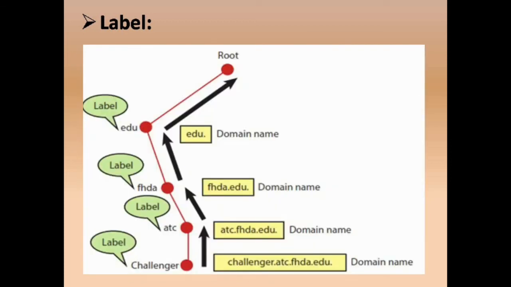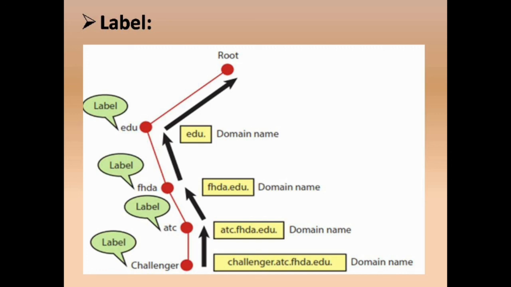See this diagram. The top level is called the root, the next level name is edu, the next level name is fhda, the next level name is atc, and the next level name is challenger. And I already told you the second part is the domain name. The domain name is a subtree which also consists of the name of the previous domain.